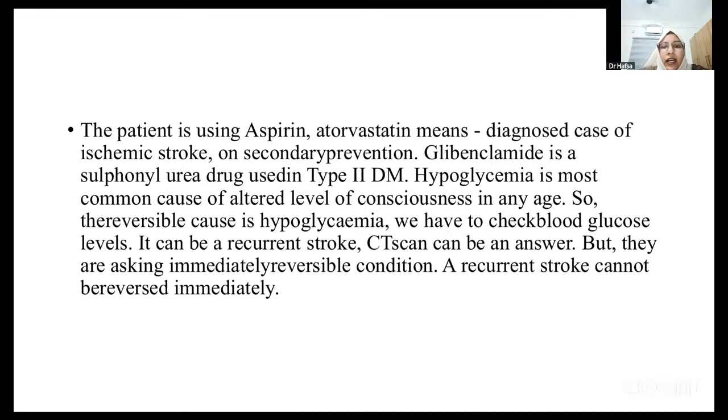That is the first answer you have to go for. Because the patient is off food and on diabetes mellitus medication, the patient went into hypoglycemia. Even though the question is very large, the answer is very short, because what is the immediate investigation for a reversible condition? So this is the reversible condition, right?